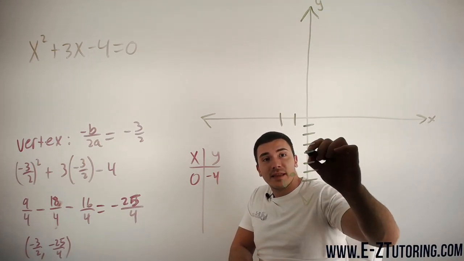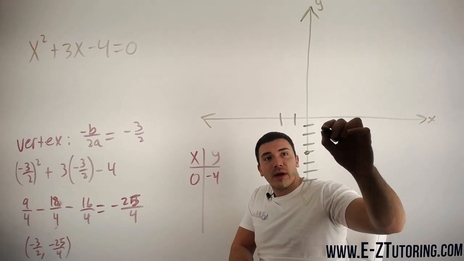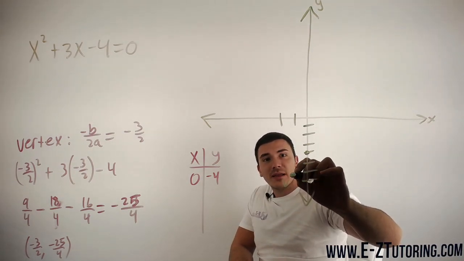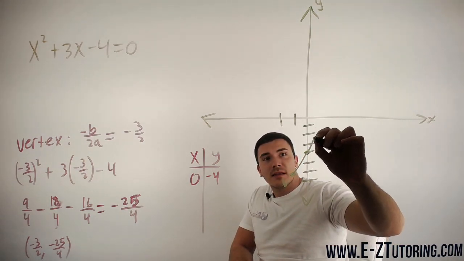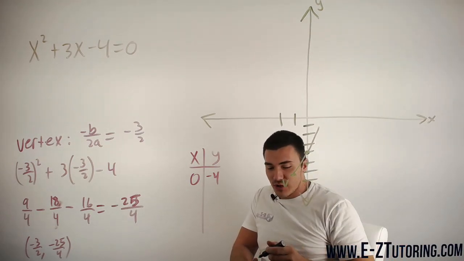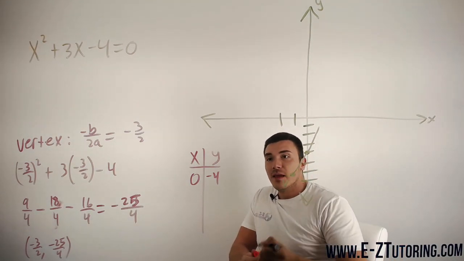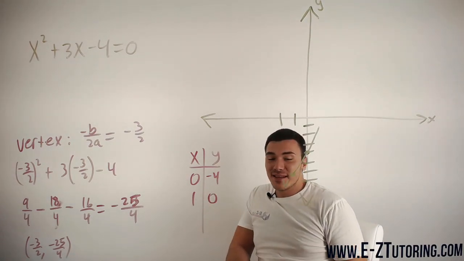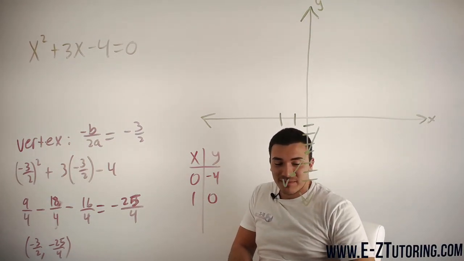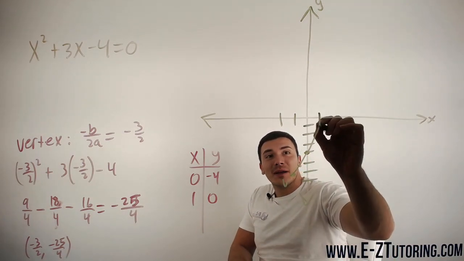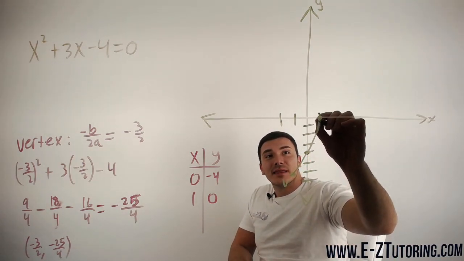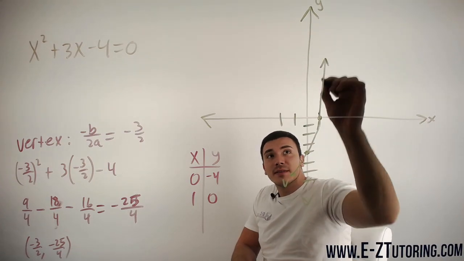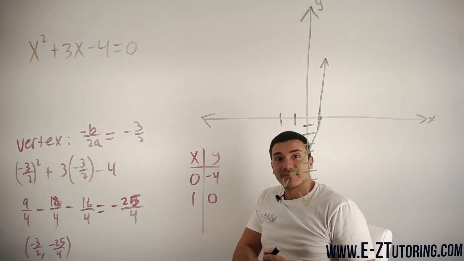So that still isn't enough to estimate our x value, but just judging by this, it kind of looks like the x value is going to be 1 or 2. So if we go ahead and plug in a 1, we indeed get 0, which is exactly what we wanted. So at 1 comma 0, that will cross the x-axis.